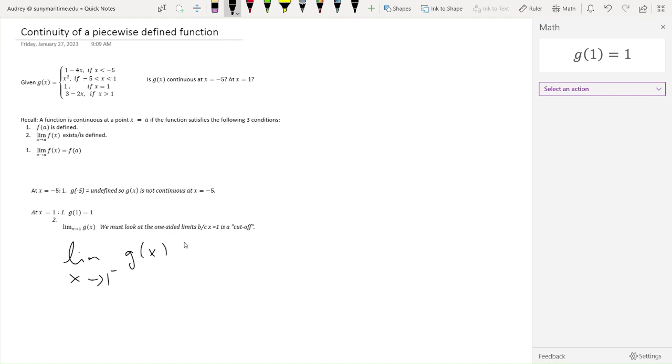So the only rule that works is going to be the x squared rule. And now, because it's a polynomial function, you just do a direct substitution. Actually, here you plug in the actual 1 in there, and you get that the left-sided limit is 1.